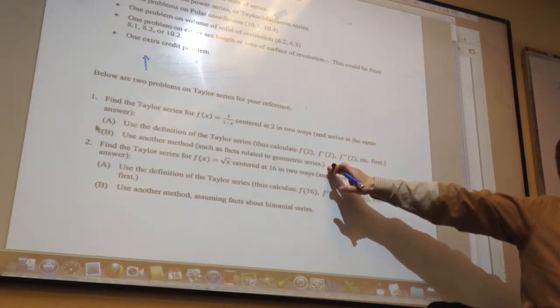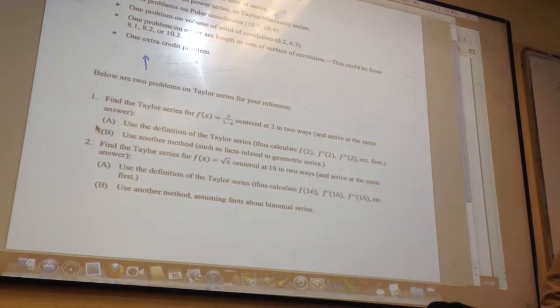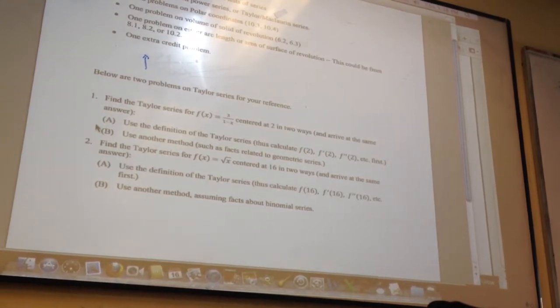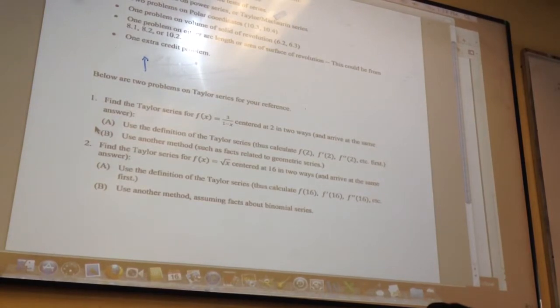And then you should reproduce the same answer because we also have that Taylor theorem, which says that if the function happens to be equal to the sum of a power series centered at a, and then if it is a sum of any series at all centered at a, then it has to be the so-called Taylor series.